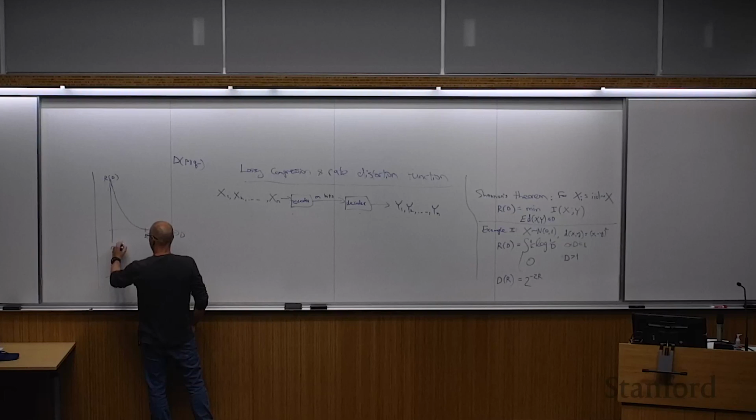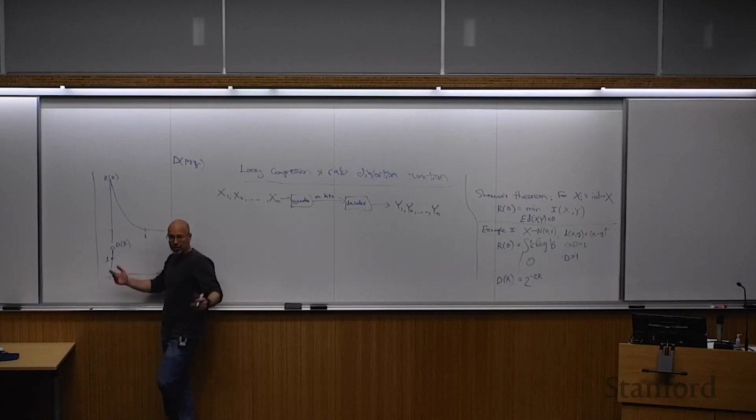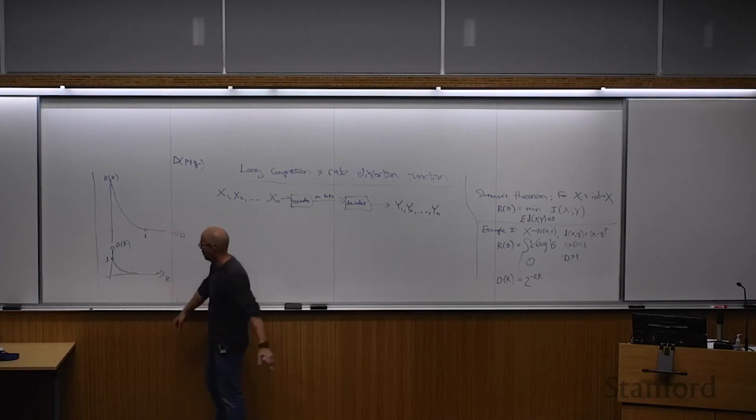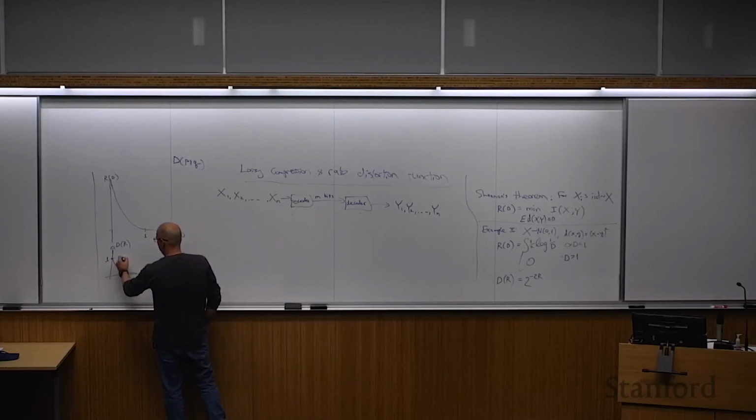So d of r for this source would start at 1. Obviously with rate 0 bits per source symbol, I'm going to get mean square error of 1, the source variance, but then the more bits I'm willing to expend per source symbol, the smaller my distortion, and so this thing is 2 to the minus 2r.